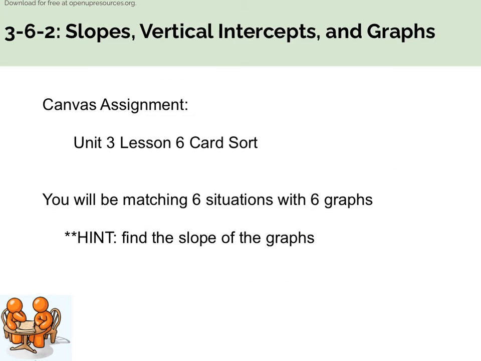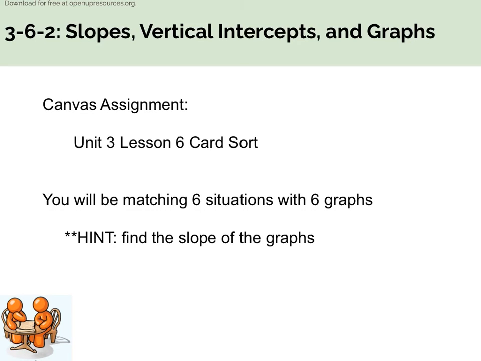Now, since we've talked about slopes and also vertical intercepts, that's where the line crosses the vertical axis, we're actually going to do a Canvas assignment. It's Unit 3, Lesson 6, card sort. It's underneath the modules for today. What you're going to do is match the situation with the graph that's there. I did set it up.